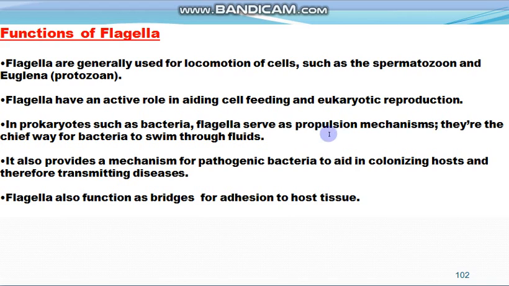They are the chief way for bacteria to swim through fluids. So the basic function of the flagella is movement, and it also provides a mechanism for pathogenic bacteria to aid in colonizing the host and therefore transmitting diseases.